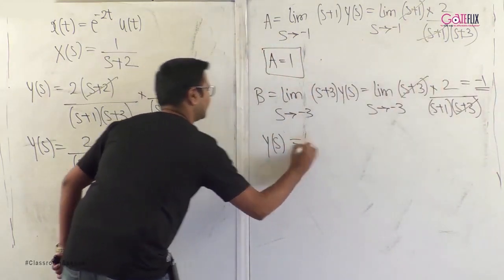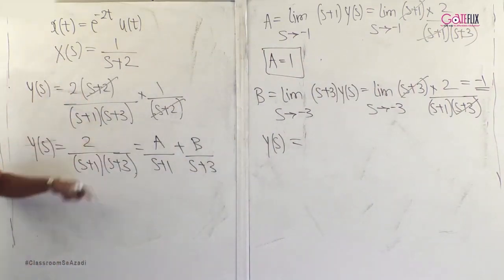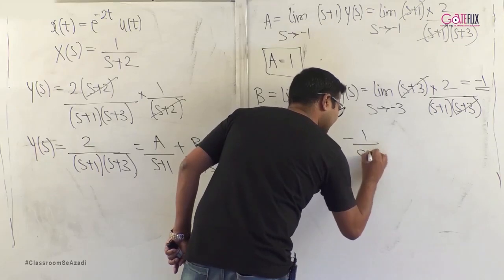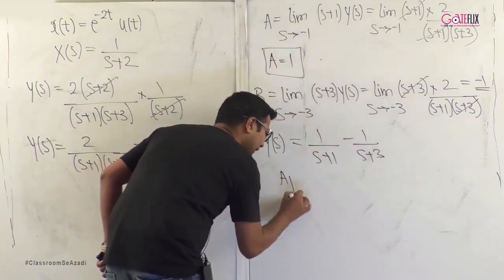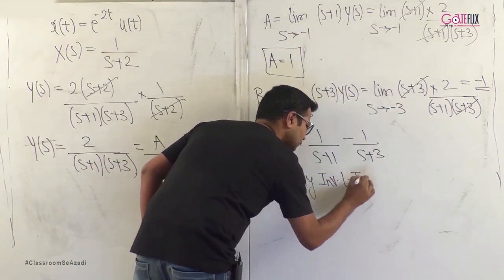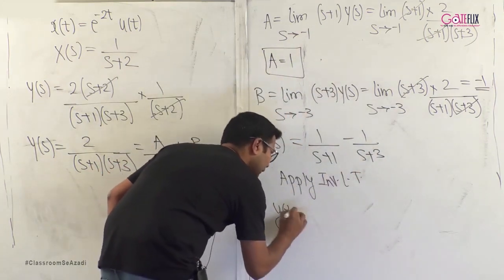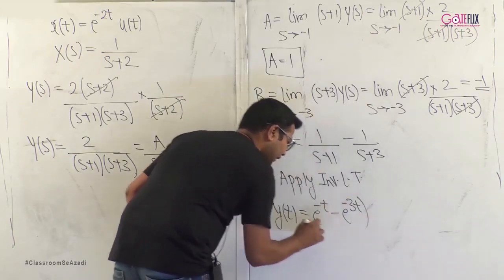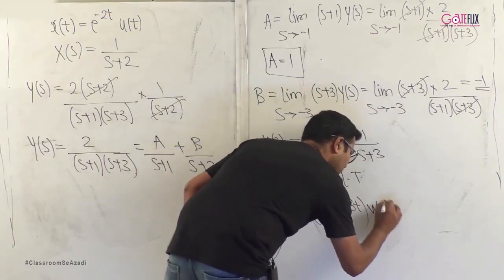Therefore, we can write Y of s as 1 upon s plus 1 minus 1 upon s plus 3. If you apply inverse Laplace transform, y of t will be equal to e raised to minus t minus e raised to minus 3t, multiplied by u of t.